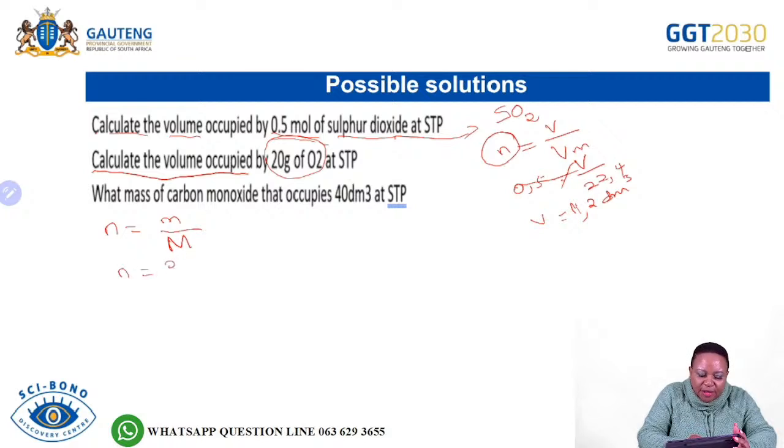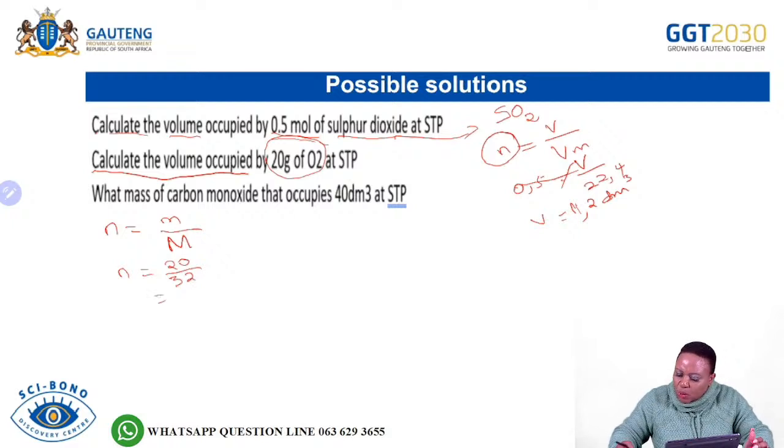The mass we are provided is 20. We know that oxygen is 16 as an atomic mass. However, there are two oxygens that are involved, so it's going to be 16 times 2, which is 32. Therefore, we're going to say 20, which is the mass of oxygen, divided by 32, which is the molar mass of oxygen, to give us 0,625 mole.